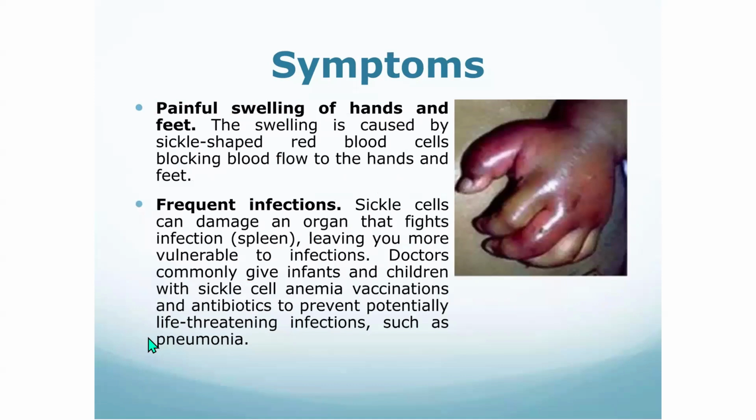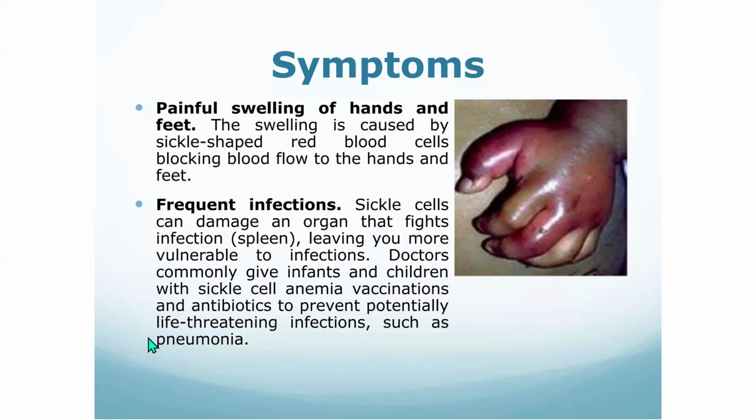And then also painful swelling of hands and feet. The swelling is caused by the sickle-shaped red blood cells blocking blood flow to the hands and feet, and that's what causes the swelling. And then there are frequent infections. Sickle cells can damage an organ. We know that we have an organ that usually fights infections, which is the spleen.